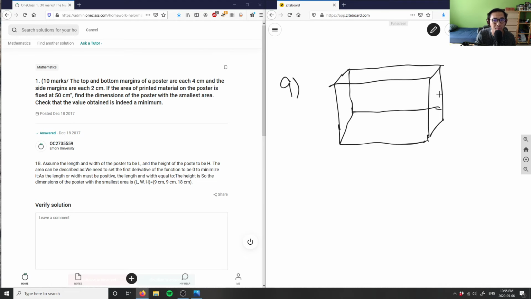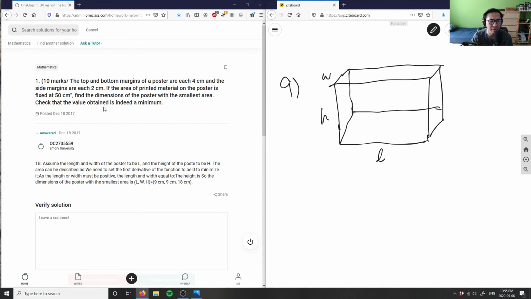And it's saying top and bottom are 4 centimeters and the sides are 2 here. So I guess the top and the bottom are 4, so I guess the length is 4. So I'm going to say this here is the length, this here's the width, and this here's the height. Or sorry, this here's the height, length, and width.